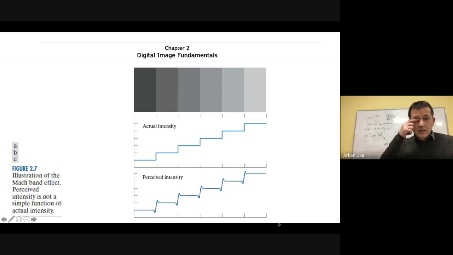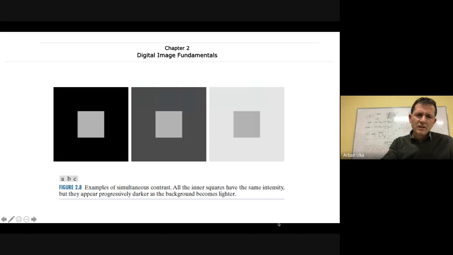And here we have some graph of the human perception, which can happen if we see a gradient of intensity, as shown here in the figure. For example, we can have actual intensity which is changing as a graph in the middle of the figure, but the intensity perceived by a human is something slightly different. So we can perceive a higher gradient where the intensity is changing.